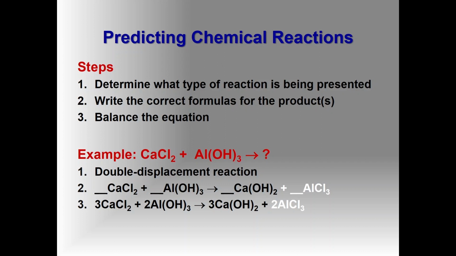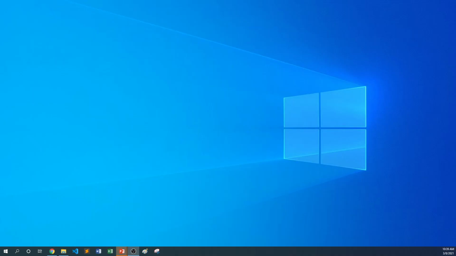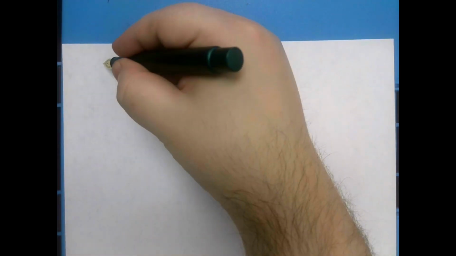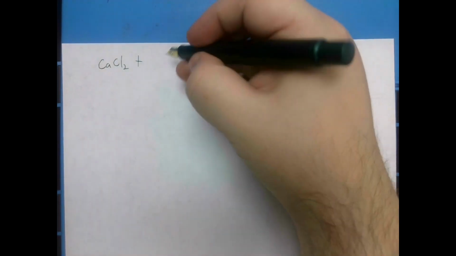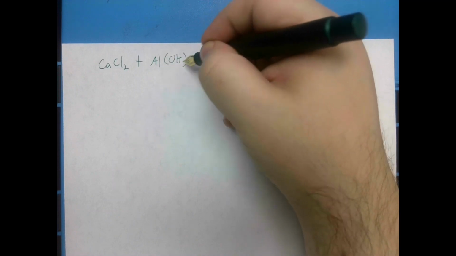So to actually write that completely out, we have calcium chloride mixed with aluminum hydroxide.